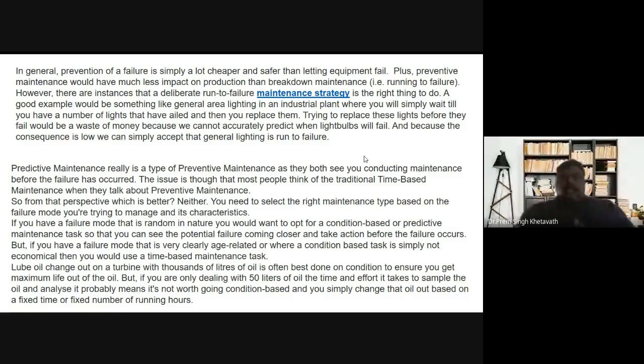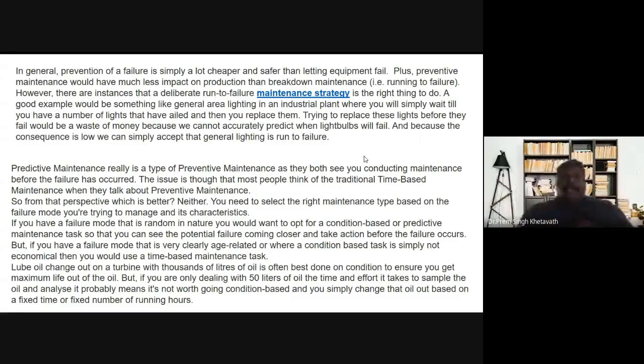Just like general area lighting in industrial plants, where you simply wait till a number of lights have gone out, then you can replace them. Trying to replace these lights before they fail would be a waste of money, because we cannot accurately predict when light bulbs will fail, and the consequence is low. We simply accept that general lighting is run to failure.